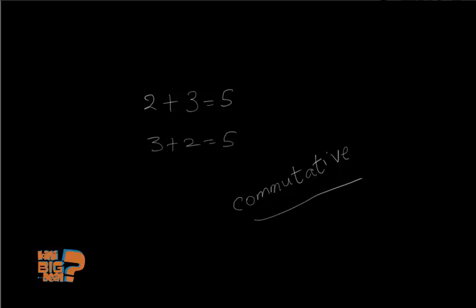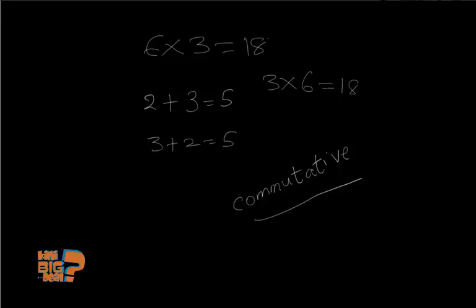It always holds true for addition, and it holds true for multiplication as well. So if you have 6 times 3, which is 18, and you also have 3 times 6, what do you have? You also get 18, but that's where it ends.